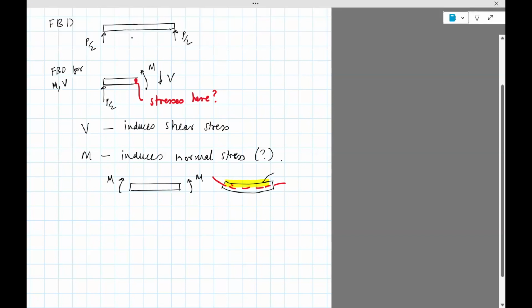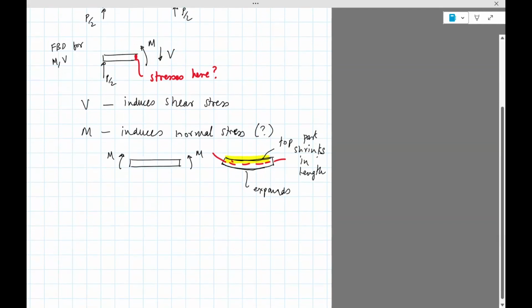So what happens is the top part shrinks in length, because if it's a circular shape, a part of an arc of a circle, then clearly the length of this inner part is going to be smaller than the length of the outer part, and this part expands in length.